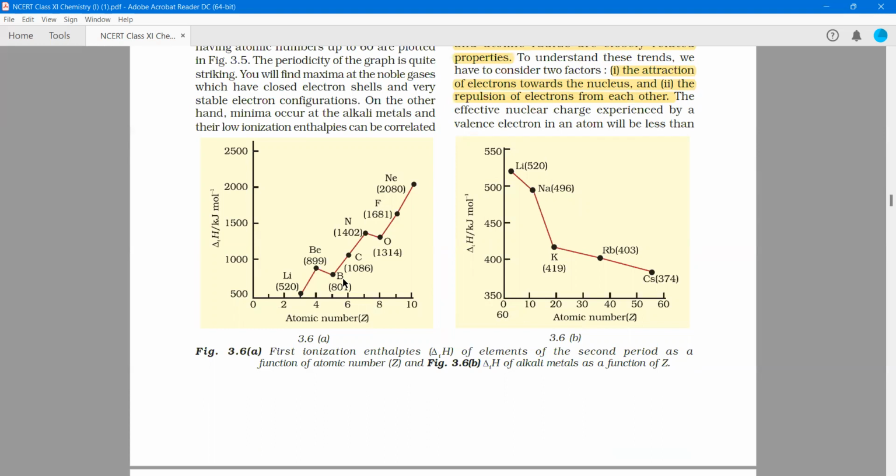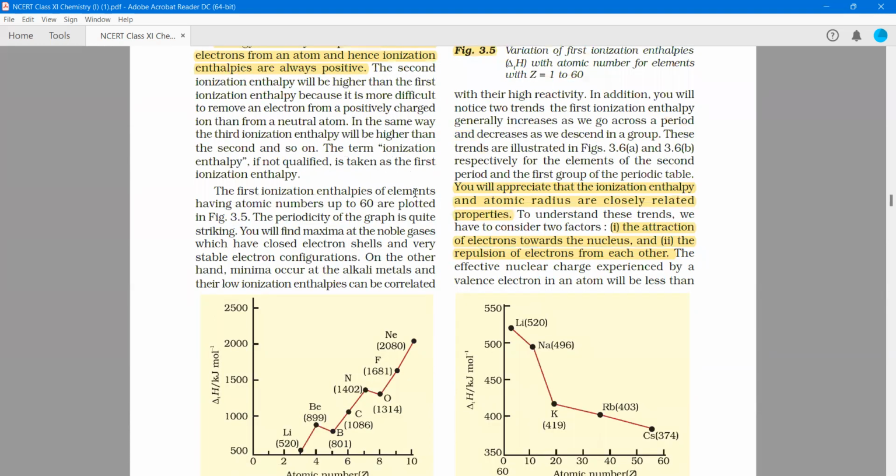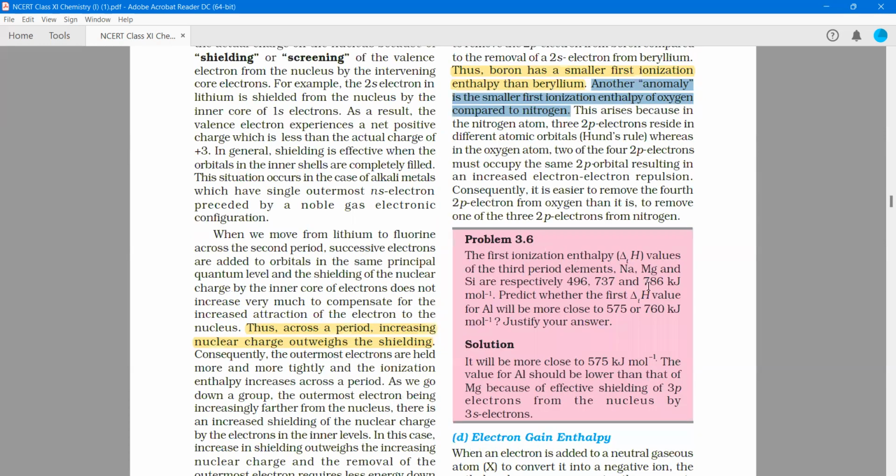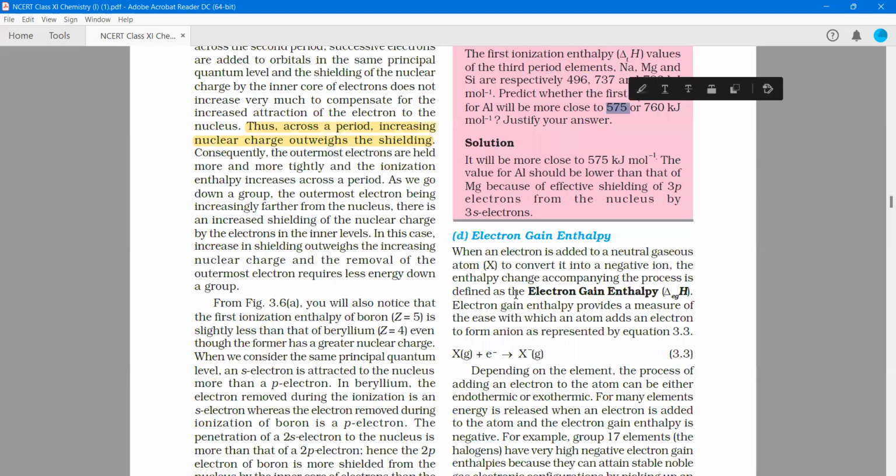There are no empty orbitals, and that is why the size is greater and the ionization enthalpy is lesser. So the ionization enthalpy of aluminum will be lesser than that of magnesium, and the ionization enthalpy of silicon will be much greater than that of aluminum. So it will be closer to 575 kilojoule per mole.